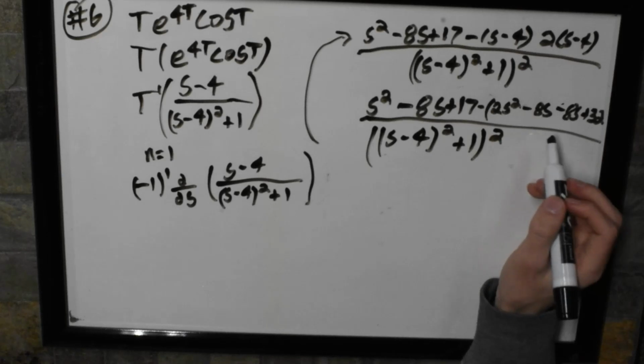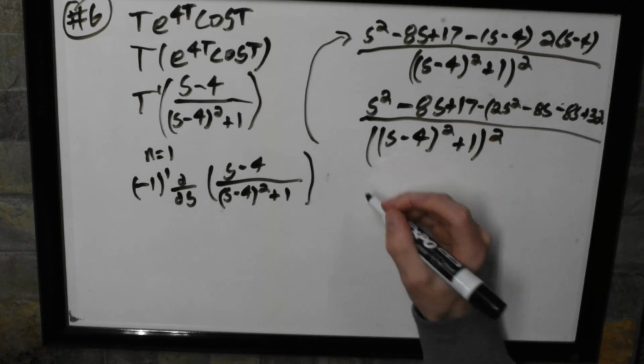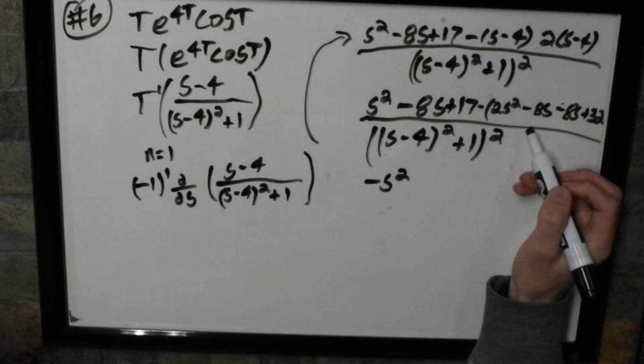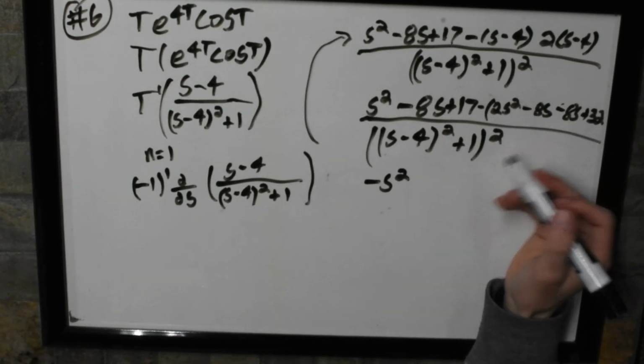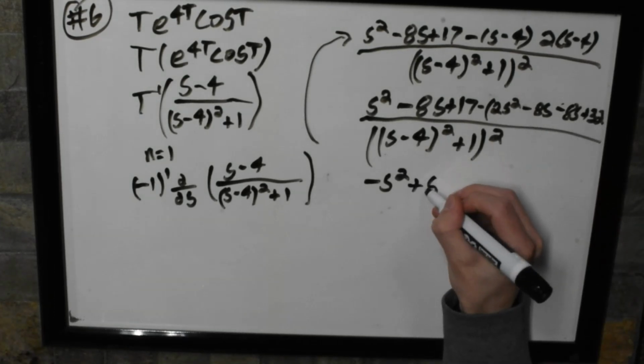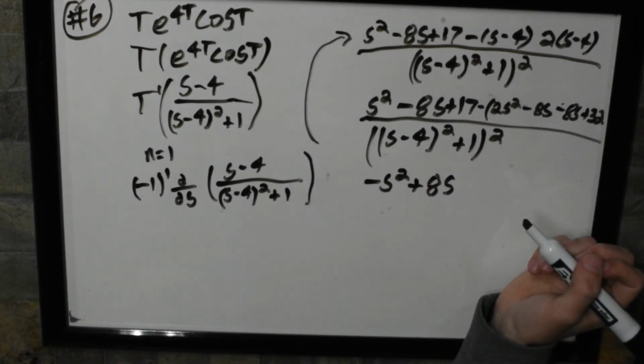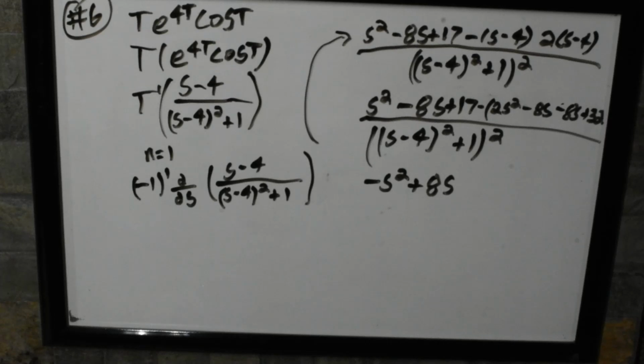Well, when we distribute that negative, we're going to get negative s squared. These are going to turn positive, so we're going to be left with plus 8s. And 17 minus 32, I am pretty sure that's going to be negative 15, but let me check. 17 minus 32 is negative 15, yep.